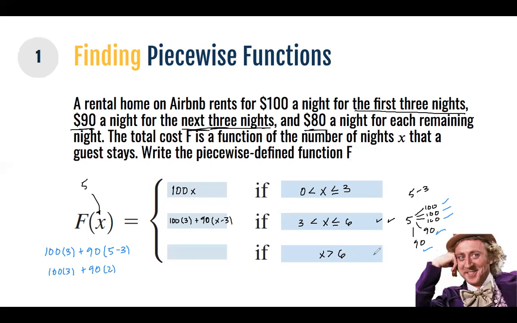Now, if we're staying more than 6 nights, that means that we're going to have several prices to consider. One is that the first 3 nights are going to be $100. And then the next 3 nights that we were told about right here are going to be $90 a night. So in order to be down here, we need to have gone beyond those numbers.